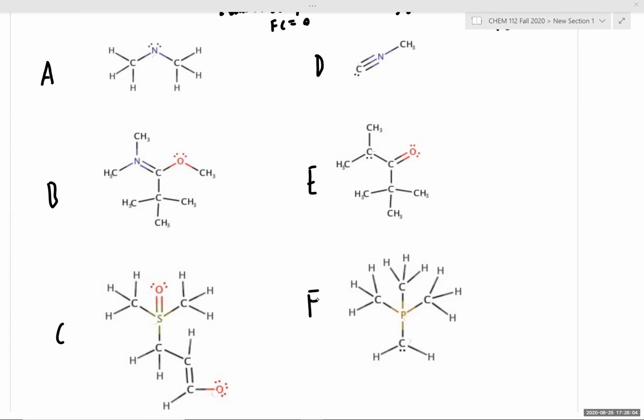The responses I'm seeing in the chat look great so far for structure A. Let's try to get some responses for structures B through F, and then we'll discuss shortly.